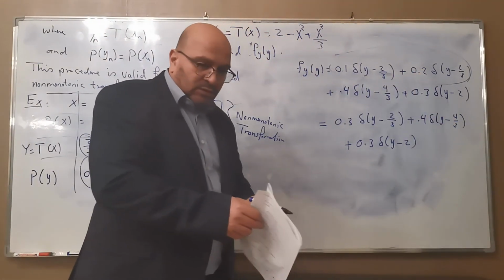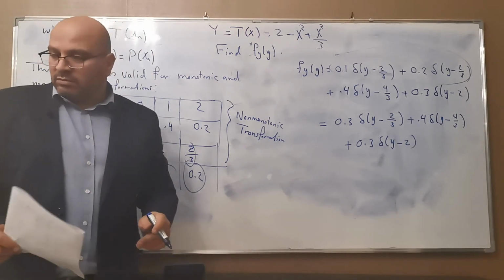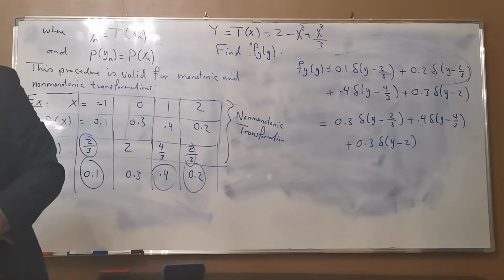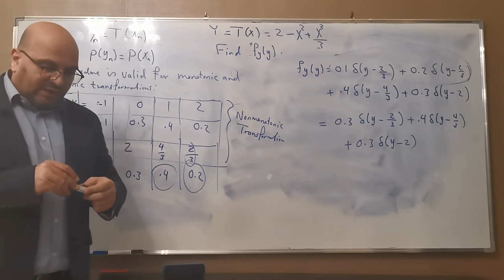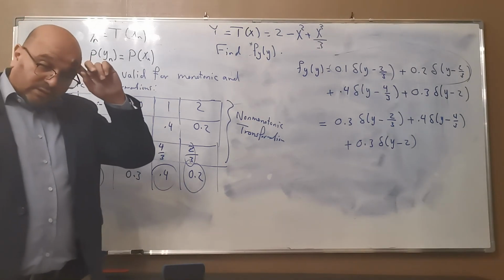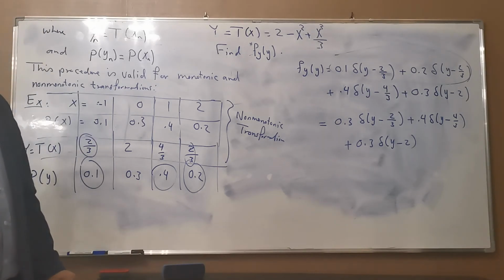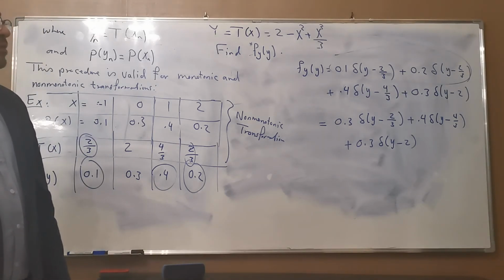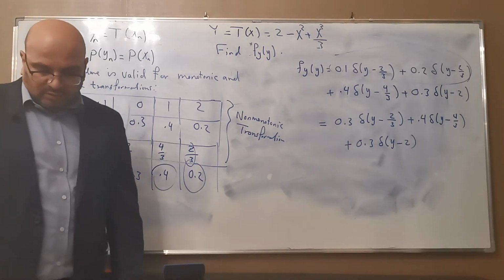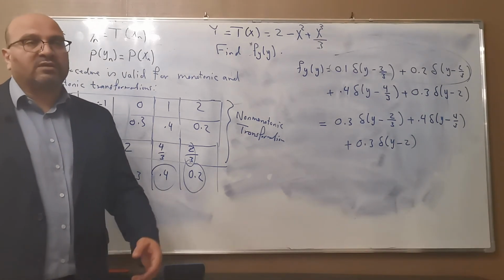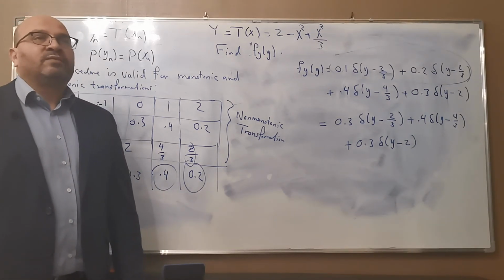Okay? So with this, I think we covered the non-monotonic case, we covered the discrete random variable, whether monotonic or non-monotonic, and then we will move to the next lecture and next subject that we need to cover.